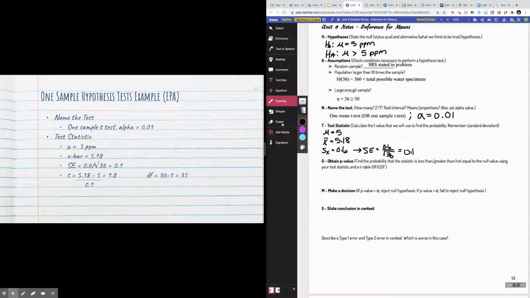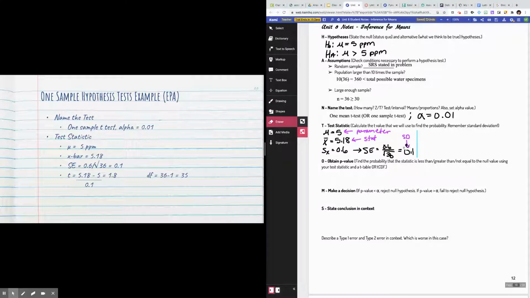So in my test statistic, I'm going to use 3 different things. This is my statistic. This is my parameter. And this is the standard deviation that I'm going to use. Those are the 3.